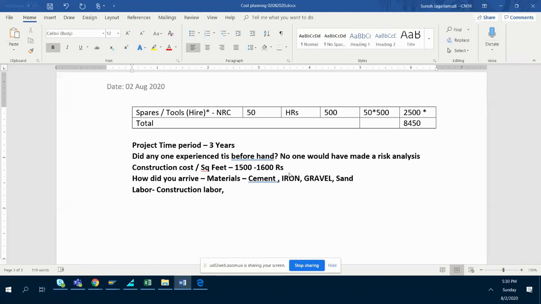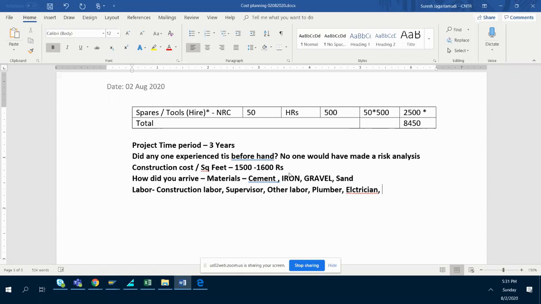We need a watchman, a supervisor. And for the watering purpose, other labor. Skilled and unskilled labor, plumber, electrician.